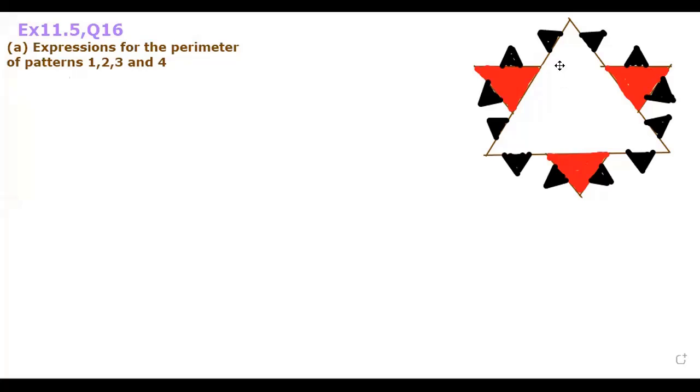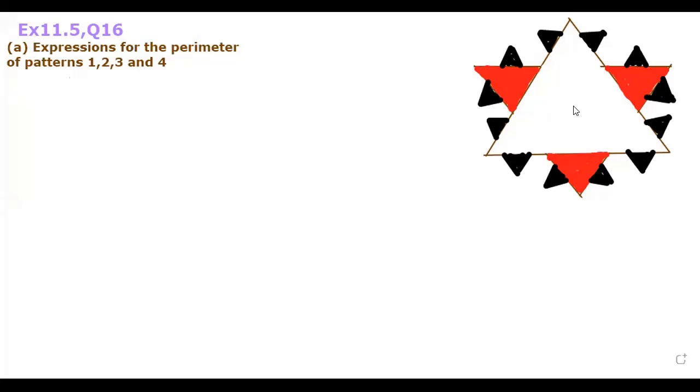Keep in mind that the equilateral triangle which is white is pattern 1. The red triangles, including the white triangle, is pattern 2. And finally for pattern 3, black triangles, including the red and white triangles, is pattern 3.